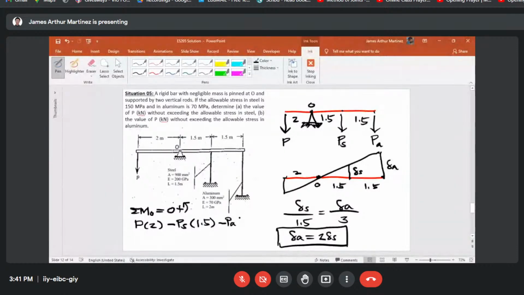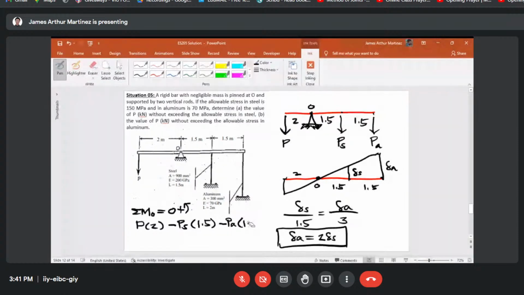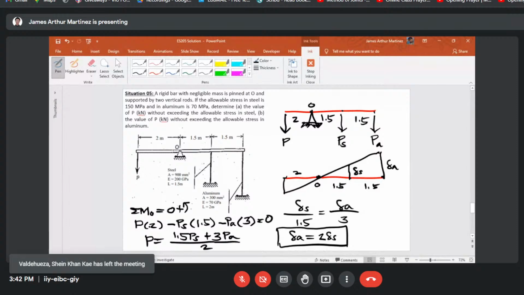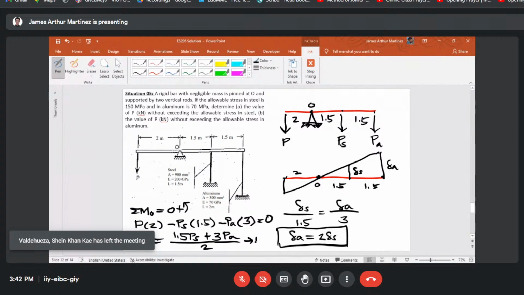Negative sign convention times moment arm 1.5 plus 1.5 is 3 meters, no? So, equal na to 0. So, meaning class, your P is just equal to, i-transfer na siya, that would be 1.5 PS plus 3 PA over 2, no? So, this is now our equation number 1 actually.